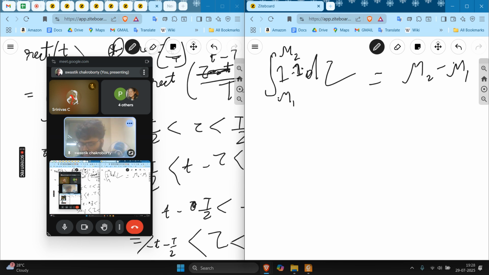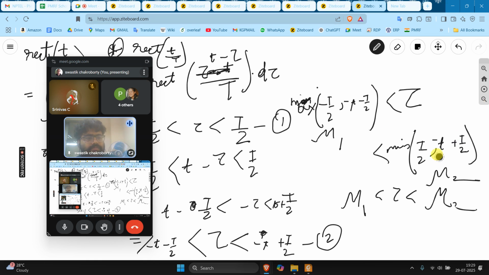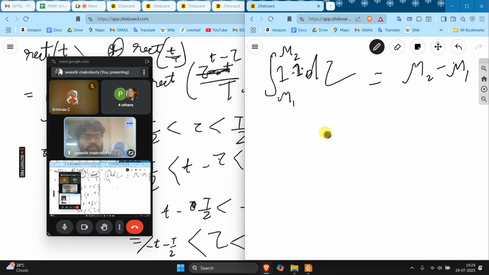Now here, m1 and m2. m2 is defined as the minimum of T by 2 and minus t plus T by 2.